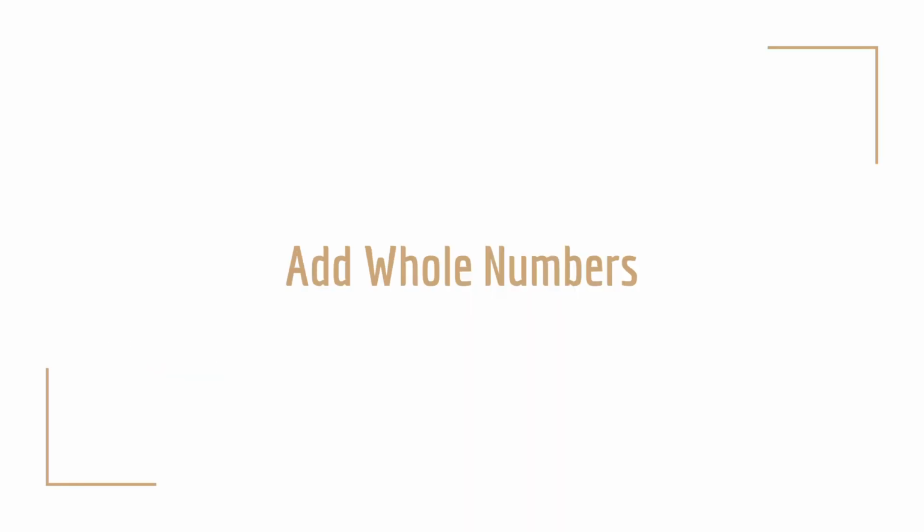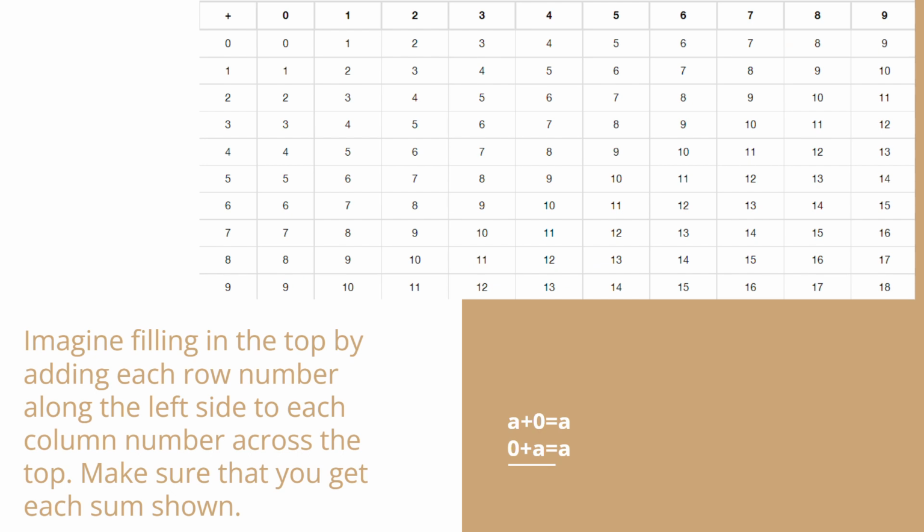Next, add whole numbers. Imagine filling in the top by adding each row number along the left side to each column number across the top. Make sure that you get each sum shown. The table at the top is the answer of the sum of two numbers which are less than 10.